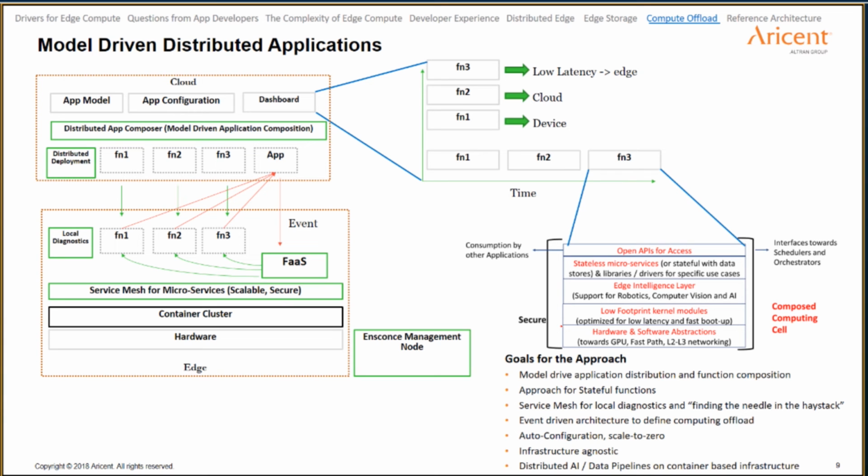The other thing that I was talking about is device to edge offload, by offloading functions from device to edge. Suppose you are running a program on the device, and the developer is writing this application on the device, and there are some functions that are too resource intensive. It may drain the battery, or it may not even be feasible to run that particular algorithm or function on the device. Then you can offload that to the edge.